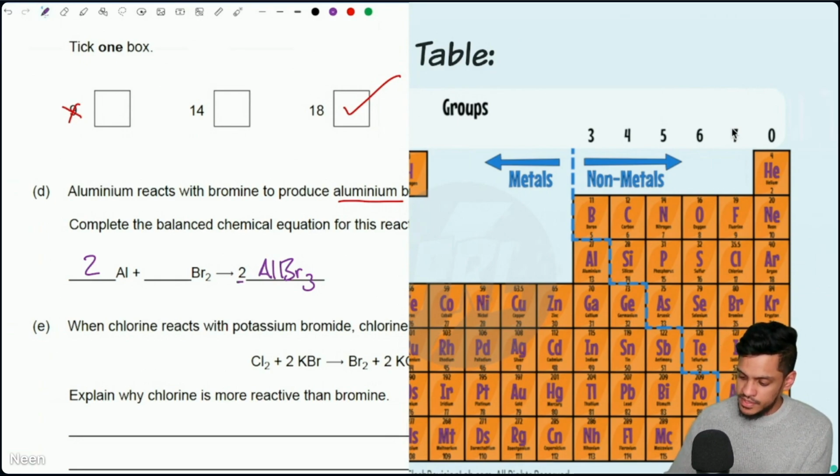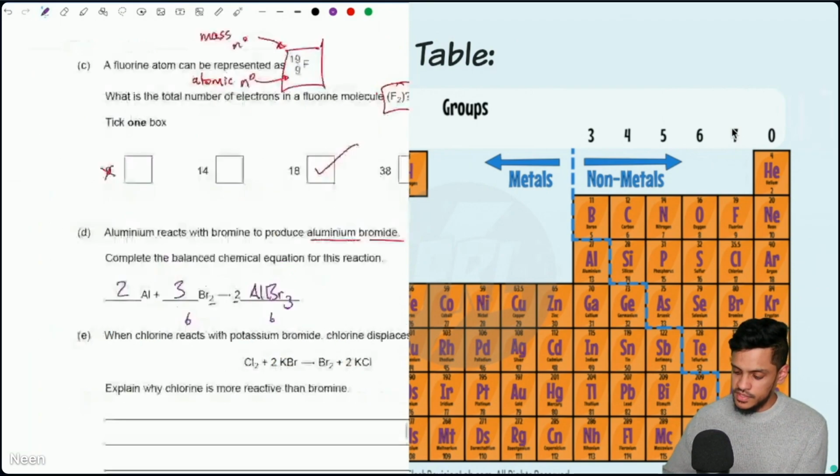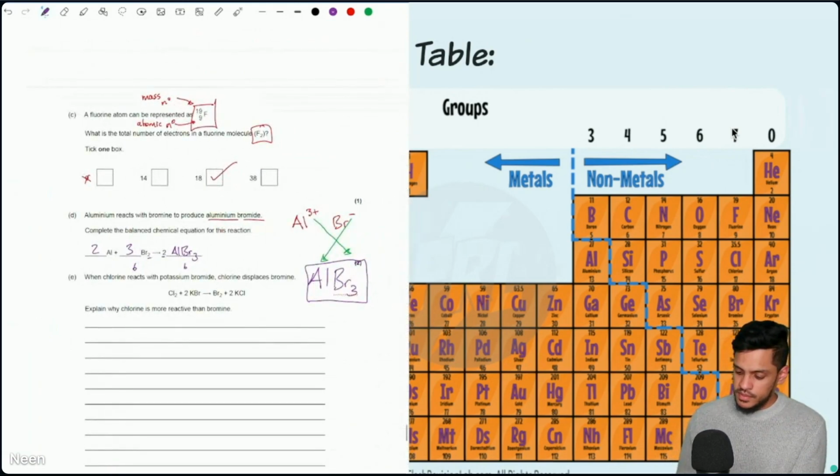Remember, there's a 2 here. So there's 6 bromines here. That means we need 6 bromines on the left-hand side. There's 2 here, so you're going to need 3 because 3 times 2 is 6. Because you need a total of 6 bromines. The answer is going to be that. Hope that makes sense.